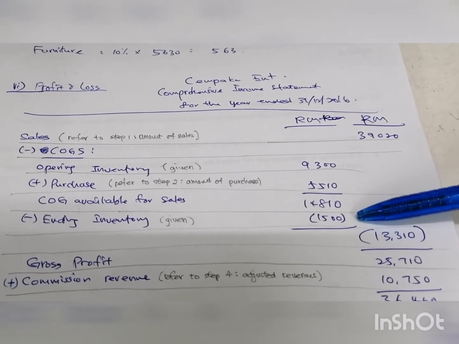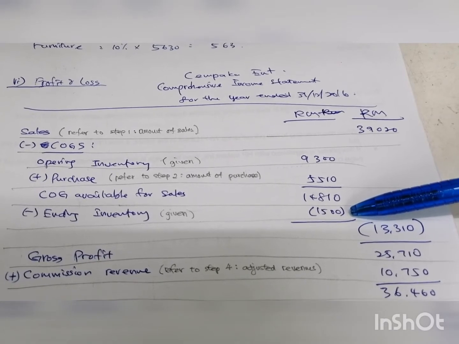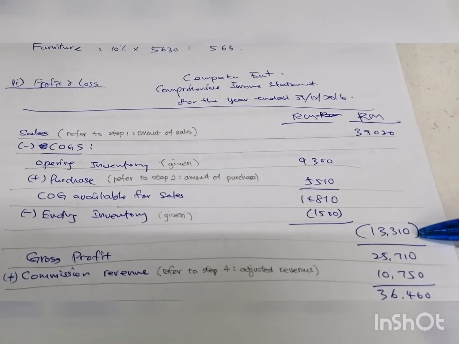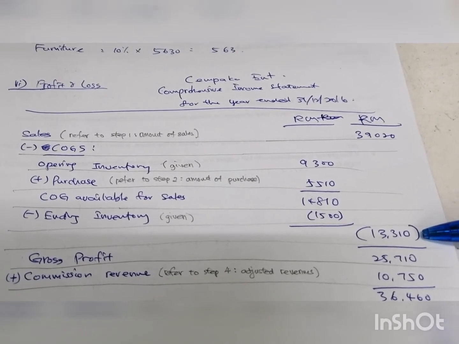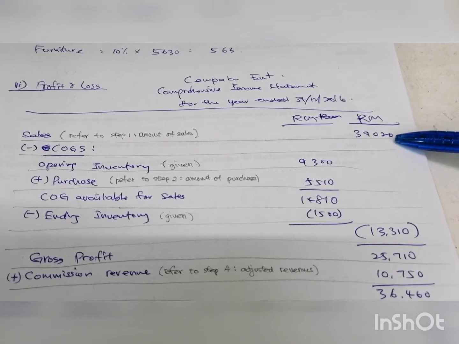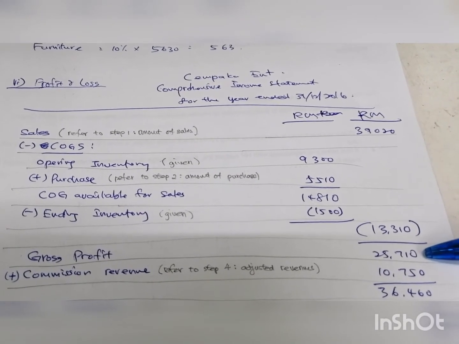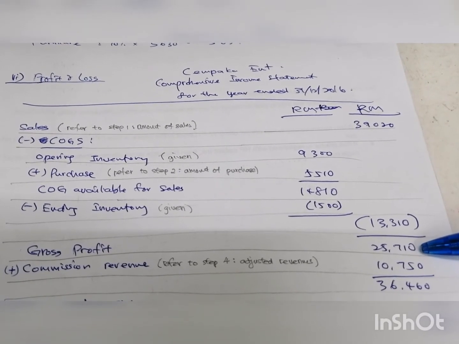So we minus the ending inventory, the given one, 1,500. Therefore, you get the total cost of goods sold is 13,310. So sales minus cost of goods sold, you get your gross profit, 25,710.